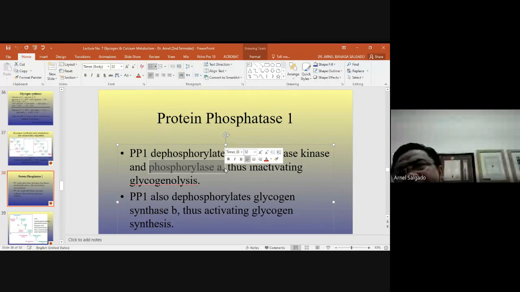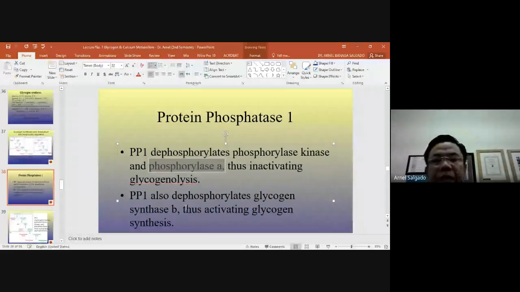That's the reason why we need to regulate all the molecules that come in and go out of the cell. And this will be regulated by different enzymes, particularly in the liver. For glycogen, it will be regulated by protein phosphatase. Now, protein phosphatase 1 also dephosphorylates glycogen synthase B, thus activating glycogen synthesis.